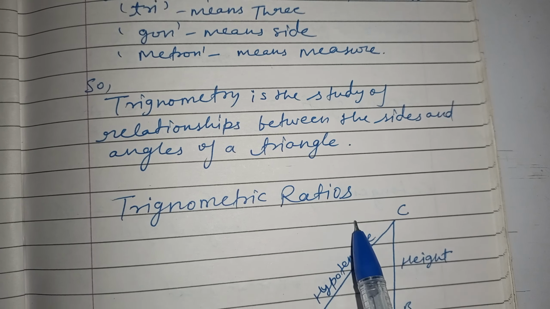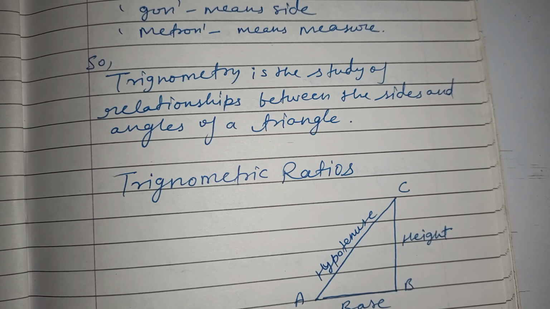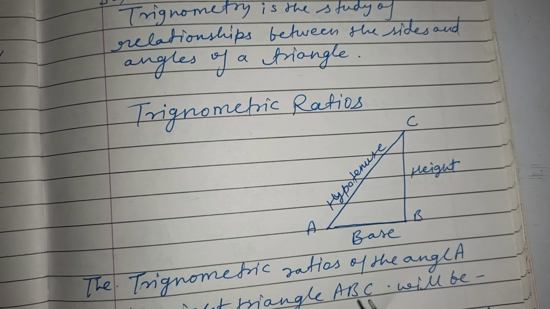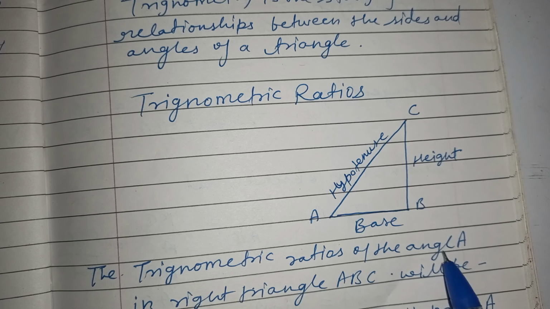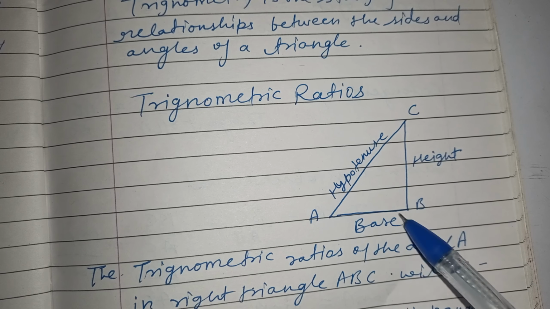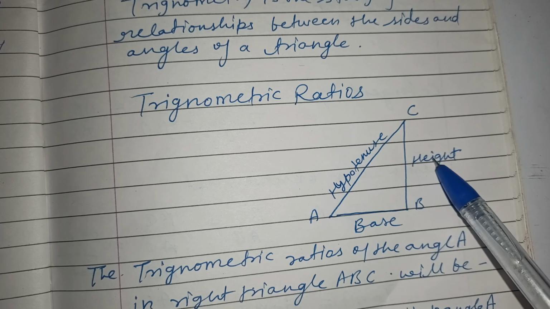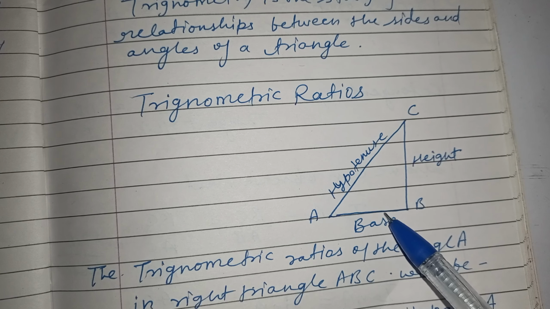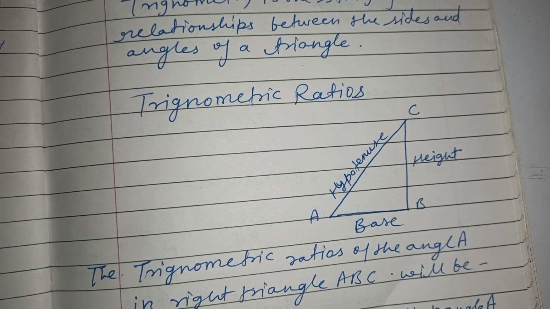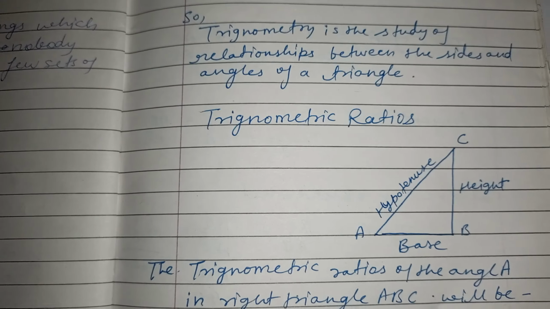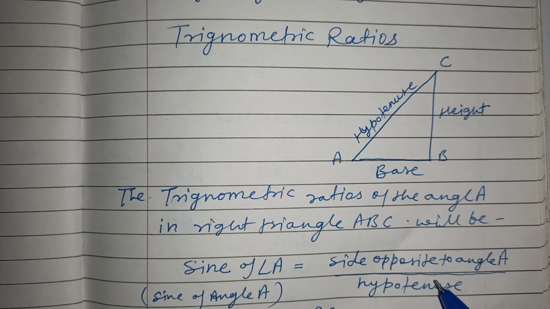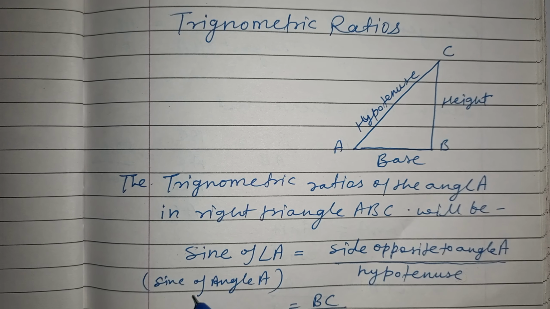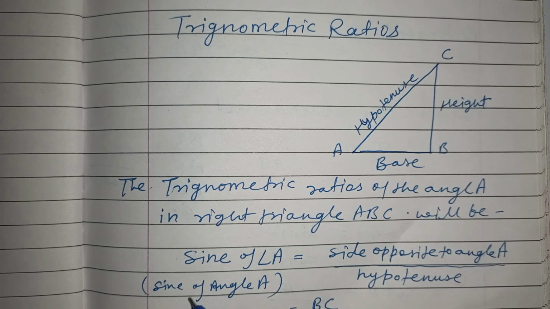Let's talk about trigonometric ratios. So what is a trigonometric ratio? Consider the trigonometric ratios of the angle A in right-angled triangle ABC. In this triangle, this is the hypotenuse, this is the height, and this is the base.